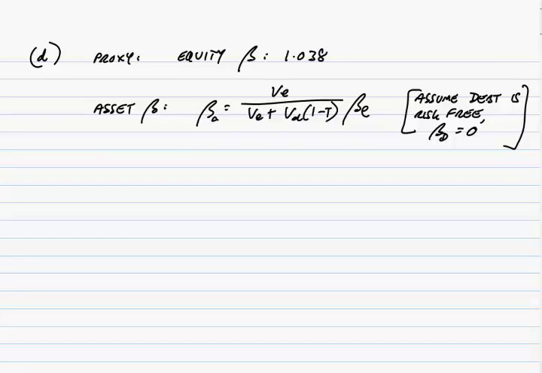So, well, we know the equity beta, 1.038. VE and VD are the market values of debt and equity in the proxy company. We don't need the exact values though, it's a ratio. We are told it's 75 to every $100, 75 is equity, 25 is debt.